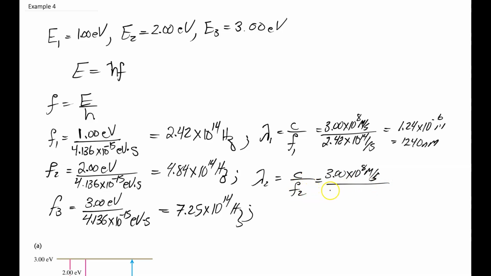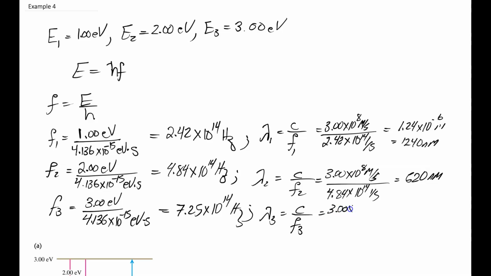Similarly, lambda 2 would equal c over f2, or 3 times 10 to the 8th meters per second over the frequency for f2, which is 4.84 times 10 to the 14th per second. And if we do that, we get a wavelength of 620 nanometers, and lambda 3 would equal c over f3.